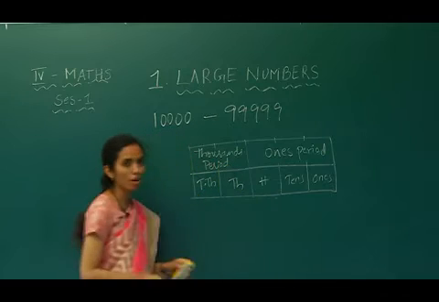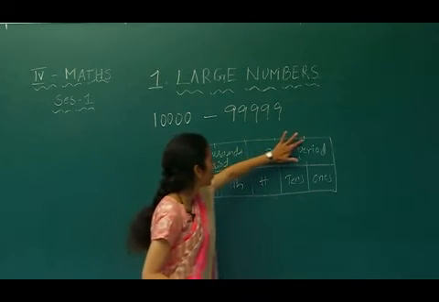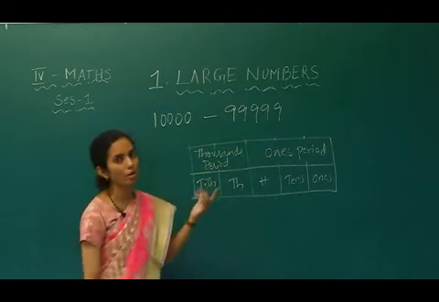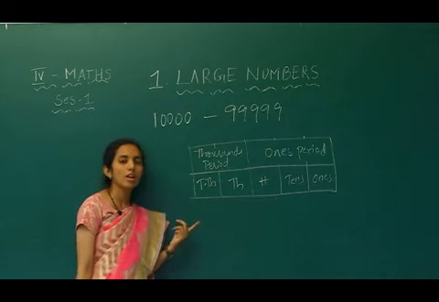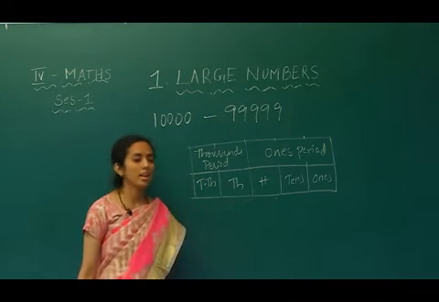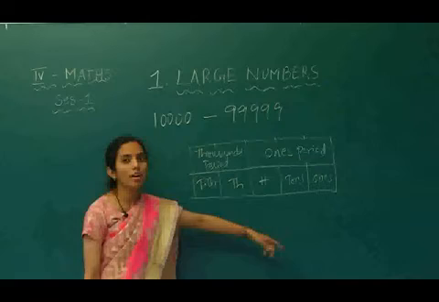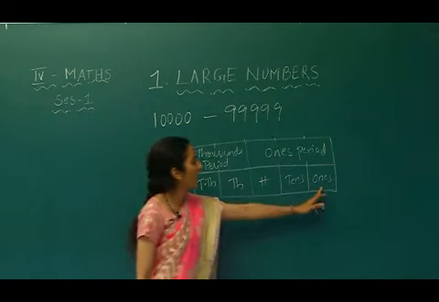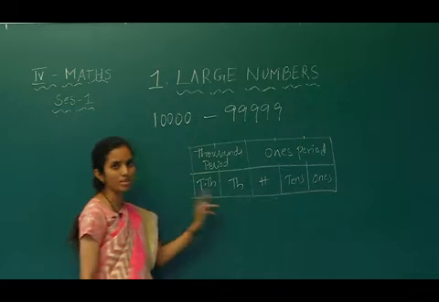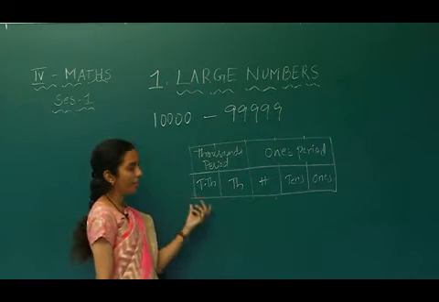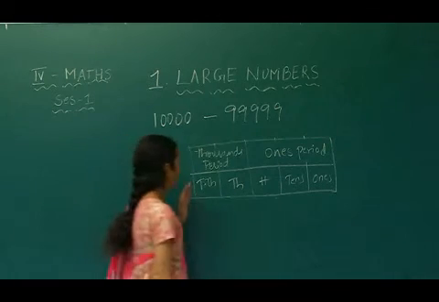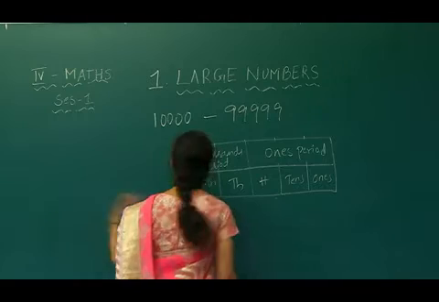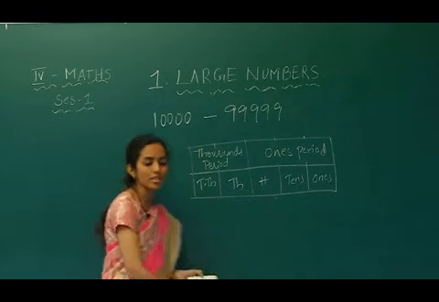This is very important. This is the place value chart. Whatever numbers we are going to learn in 10,000s, we are going to place in this place value chart. We are going to learn expanded form. So always remember ones, tens, hundreds, thousands and 10,000s. Whenever the digits increase, the increase will be on the left side but not on the right side.